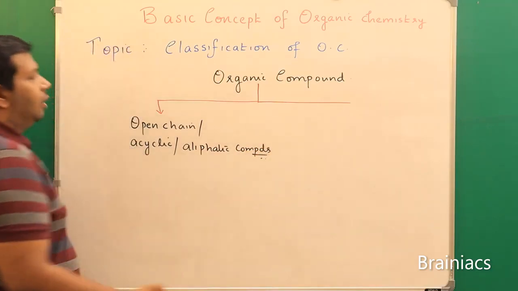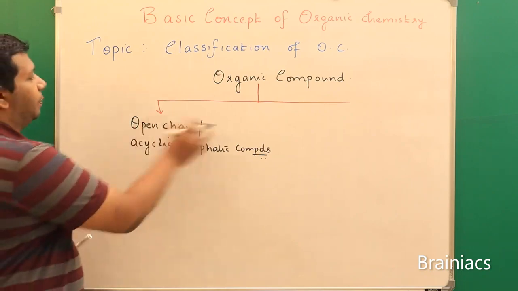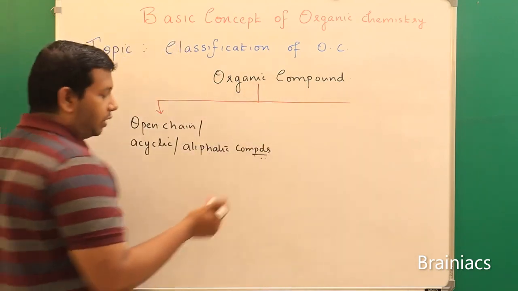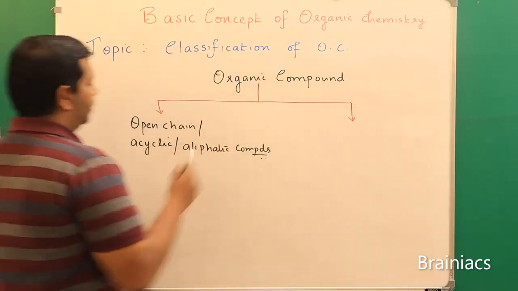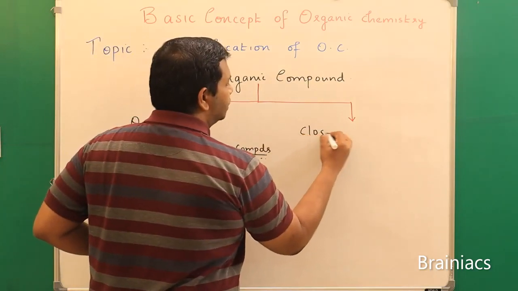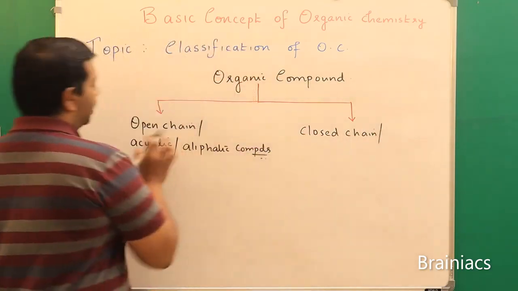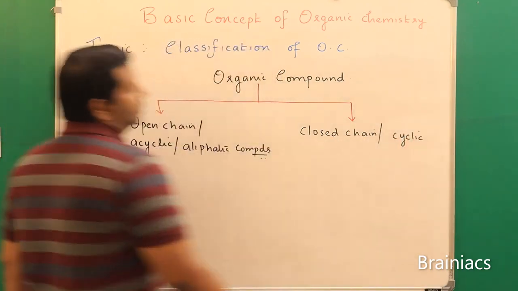Now the next broad classification, then you will understand it, because if it is open chain, then the other one should be what actually? It should be closed chain organic compounds. So the other area we call closed chain organic compounds. Closed chain organic compounds can also be called cyclic. Understood?